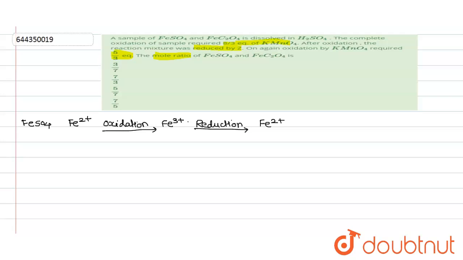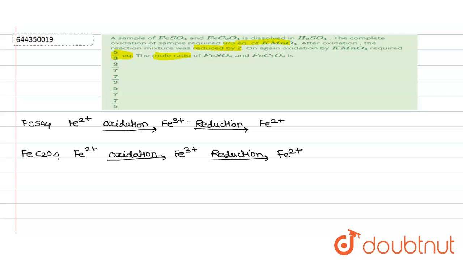Now, go for the next one. Next one is FeC2O4. It is Fe2+. Oxidation will take place and it gets converted to Fe3+. Again, on reduction, it gets converted to Fe2+.